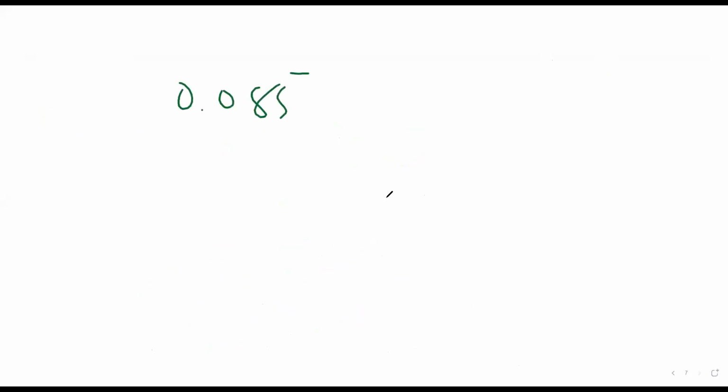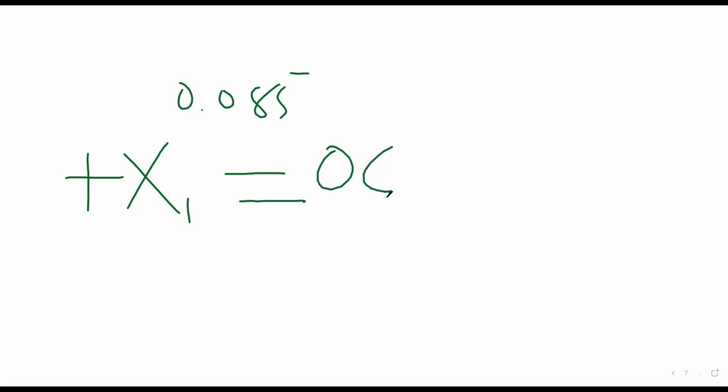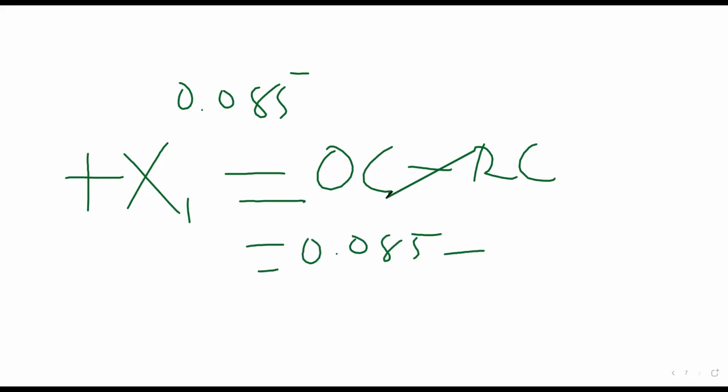The value of the objective coefficient is 0.085. Now, what will make me produce X1, make it positive? For that to happen, I need to take the objective coefficient and subtract the reduced cost value from it. So for me to make the municipal bonds positive, the objective coefficient here is 0.085, and I need to do minus the reduced cost.